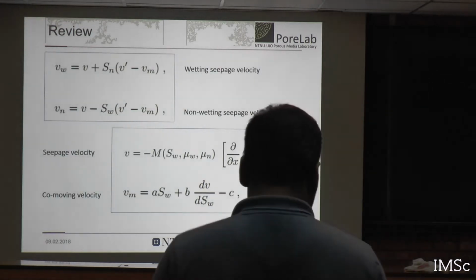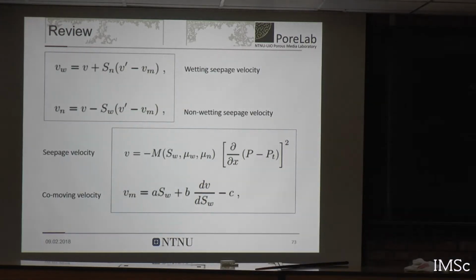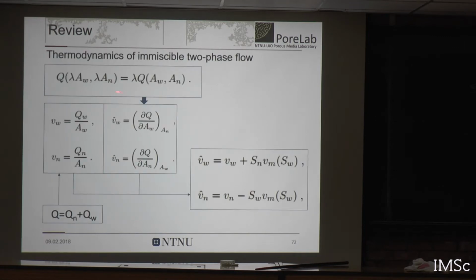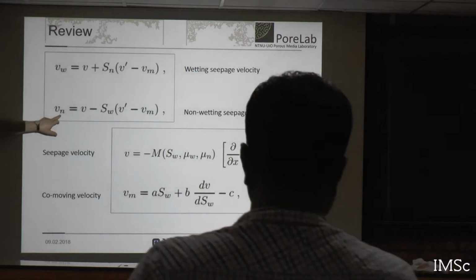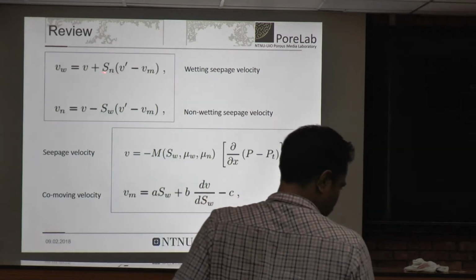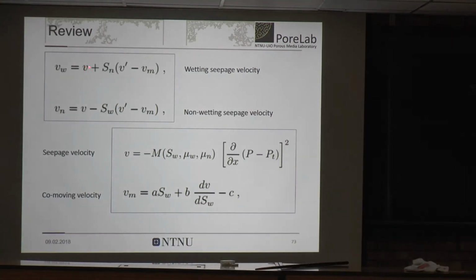And after some algebra, one can show from this single assumption that you can express the wetting seepage velocity and the non-wetting seepage velocity in this way. This is the total average seepage velocity. This is its derivative. Here's the co-moving velocity, and the other one. So this is actually a velocity transformation.